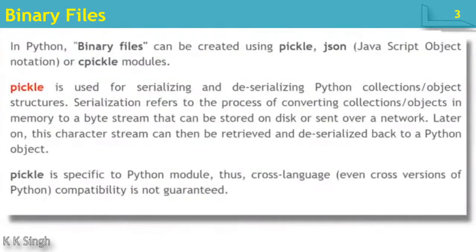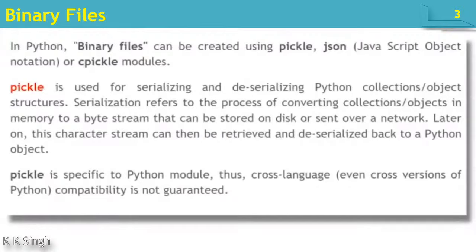Fine. In Python, binary files can be created using the pickle and JSON modules. JSON is nothing but JavaScript Object Notation, or the cPickle module. Pickling is a way of dumping values into the binary file and reading the values back from binary mode.